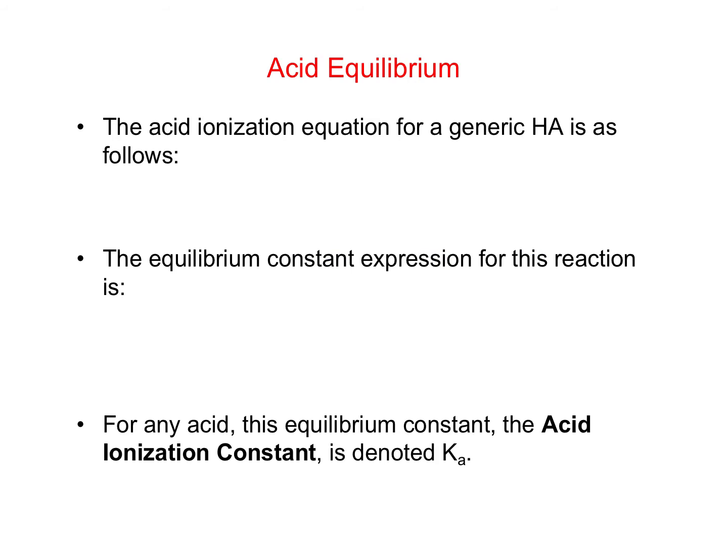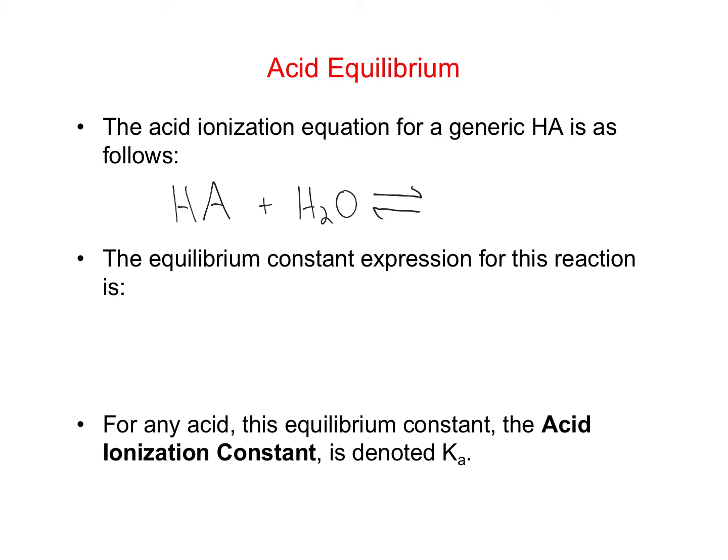Okay, in this video we're going to talk about acid equilibrium. So the equation for a generic acid dissolving in water and ionizing is as follows. We've got my generic acid HA. It's going to react with water, and then I'm going to write this with an equilibrium arrow.